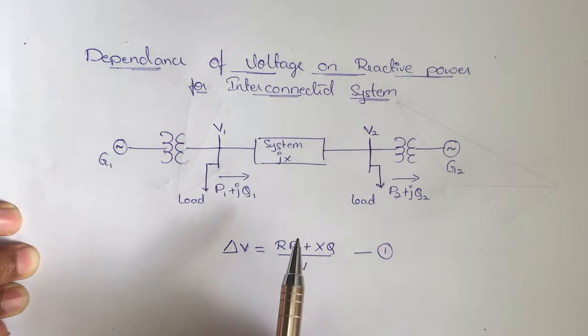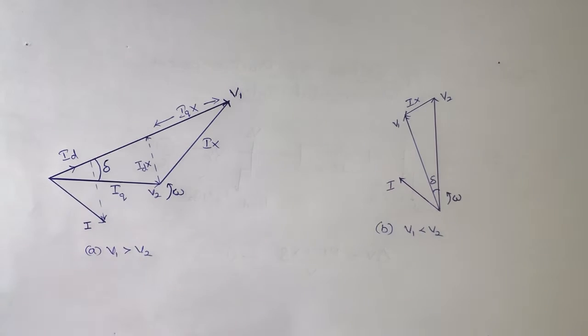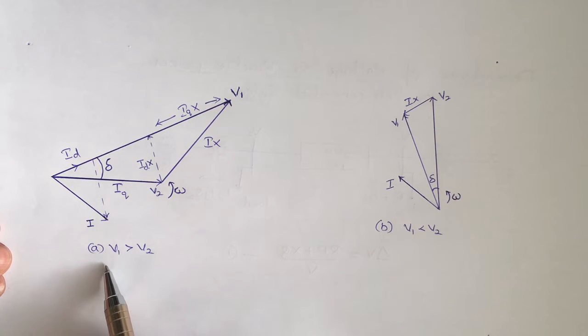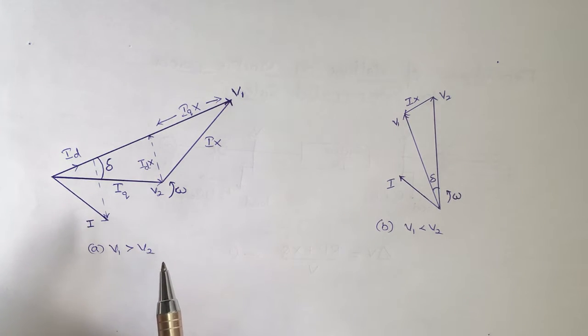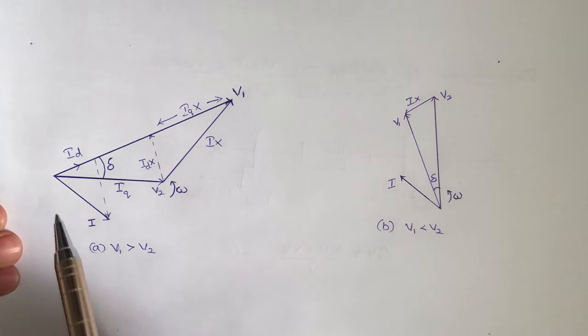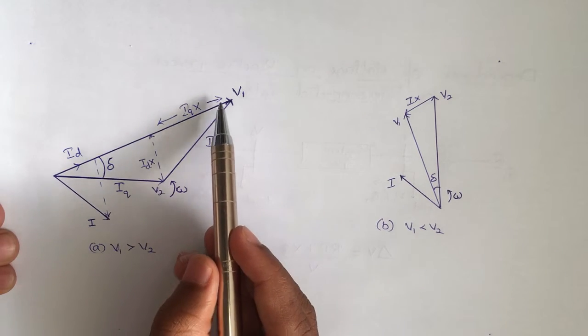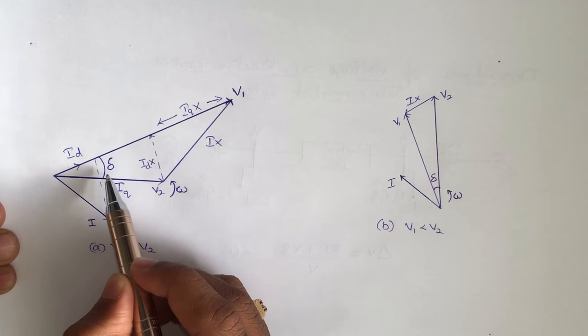For this assumption, if we want to draw the phasor diagram, here we can see the phasor diagram with voltage V1 greater than V2. Here we can clearly observe that ID, the component of current in phase with V, is determined by the angle delta.